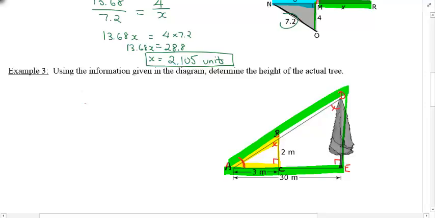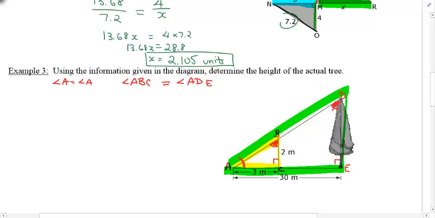So in this case, if you want me to write down the angles, I'll say angle A equals angle A. And I'll say here, angle B, which I think I should use 3 letters now. Angle ABC. So I'm talking about this one right here now. That is equal to angle ADE, which is up here.